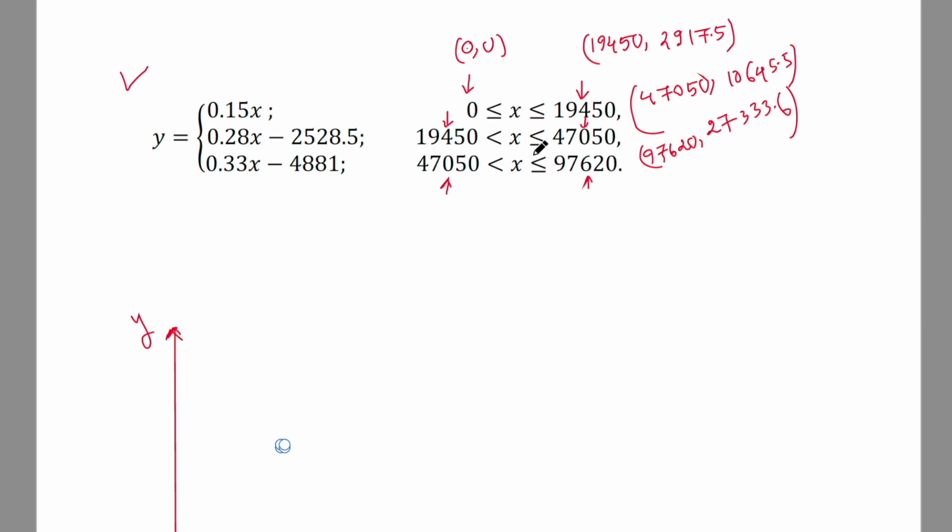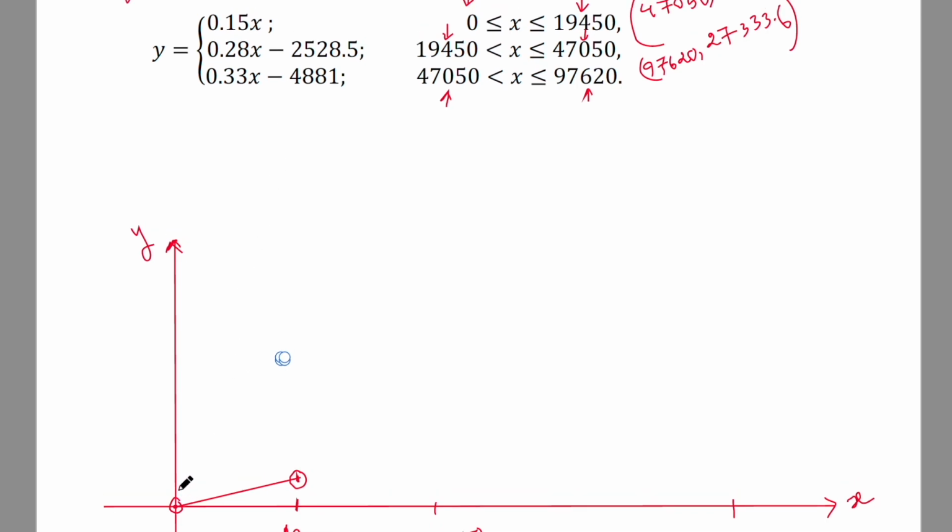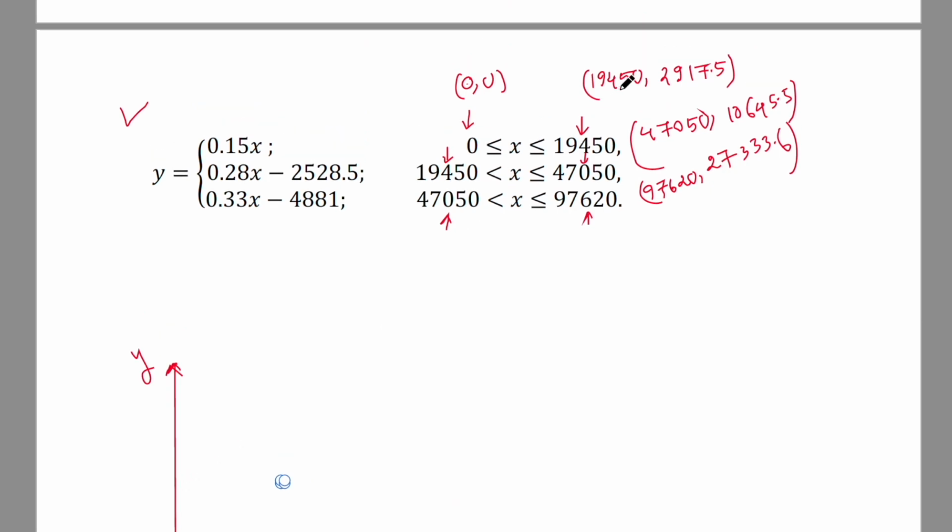So there are exactly 4 points you need to sketch three straight lines, because when x equals 0 in the first line, y will be 0. So the first line will start from 0, 0 and end at 19,450.